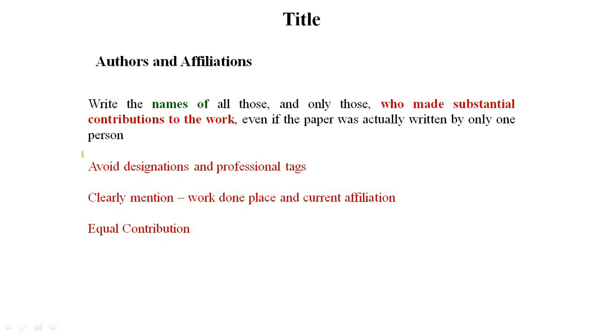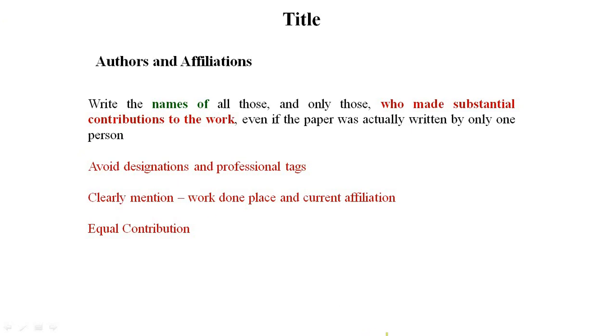When I receive some research papers, I see that all the authors might have been from the same department, but they use numbers 1, 2, 3, 4 in order to distinguish professor, student and research scholar. There is no such thing as an international practice. It is always better to avoid designations and professional tags when you write the authors and affiliations.